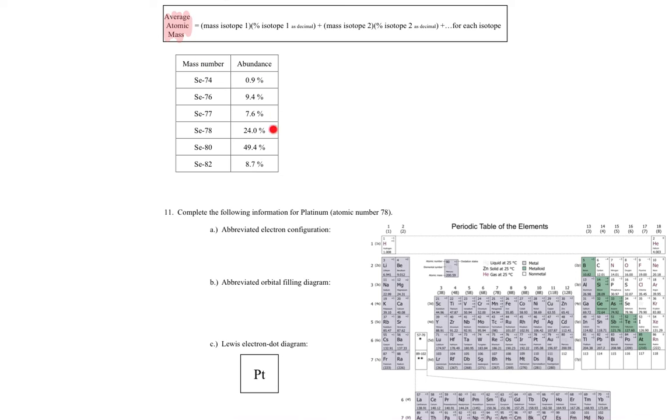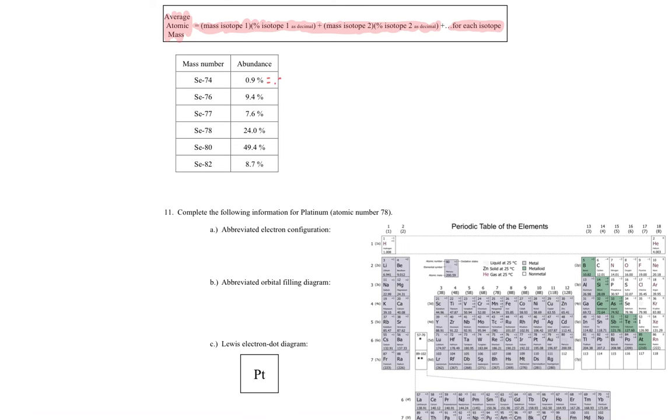It's a weighted average of the masses of all the different isotopes. So we got to take mass of isotope times percent of isotope as a decimal. We do that for each of the isotopes. In this case, there are 6 isotopes. So for all 6, it's the mass times the percent as a decimal.